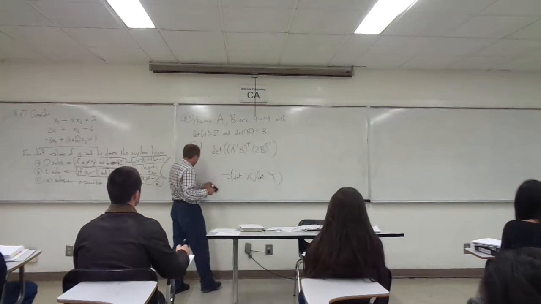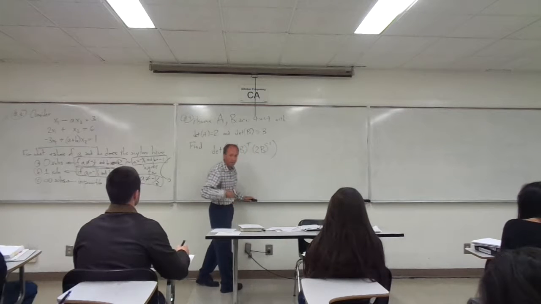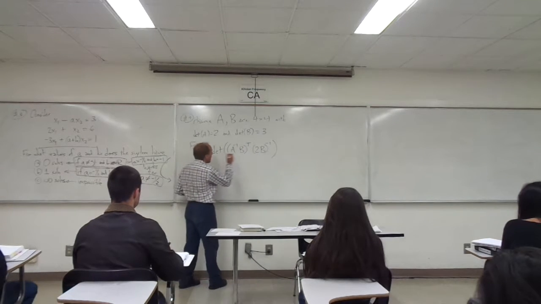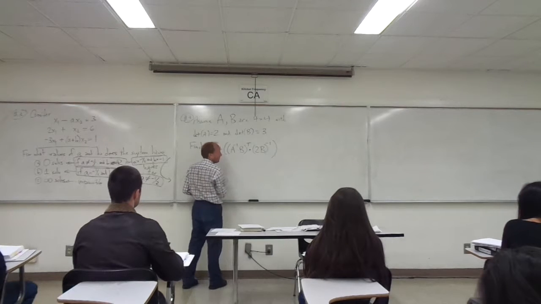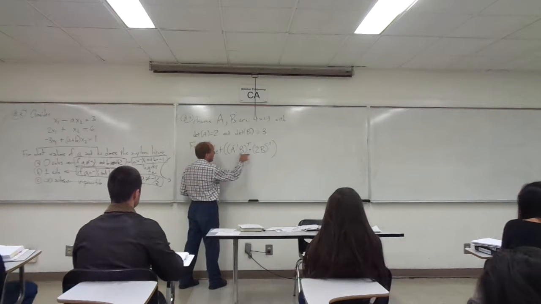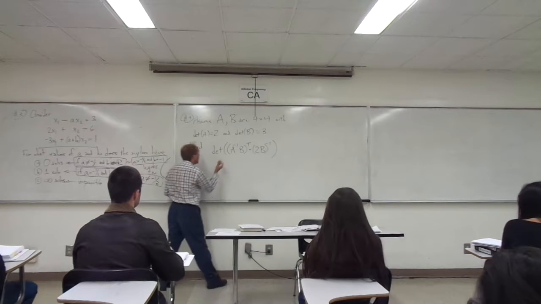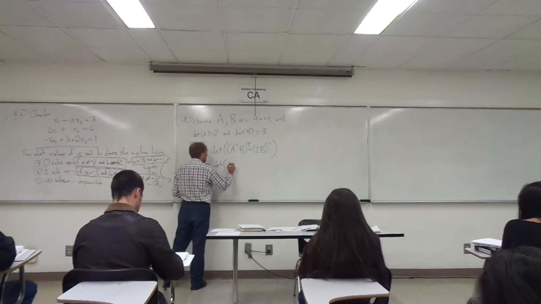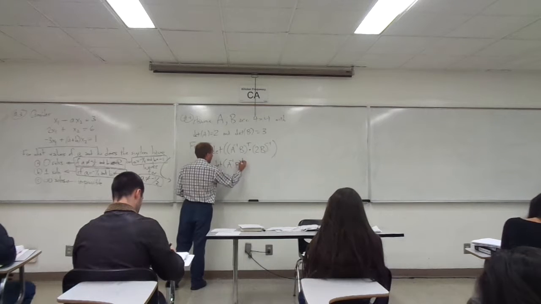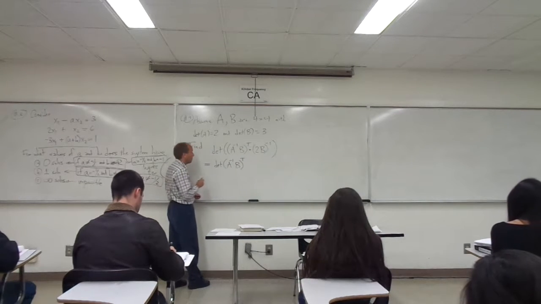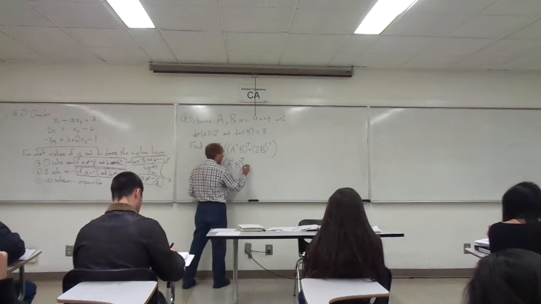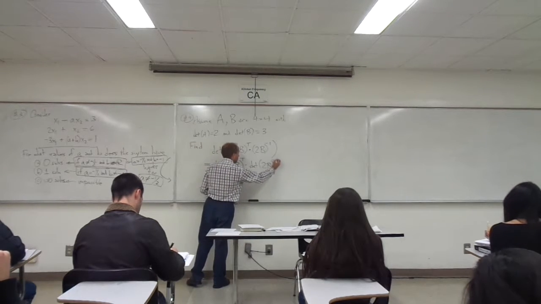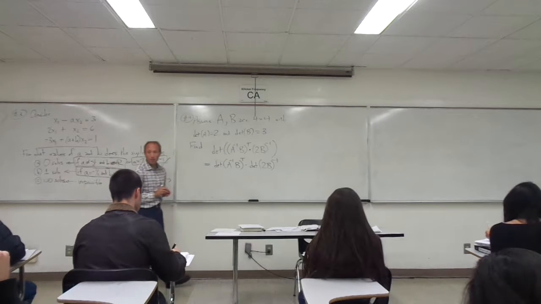So maybe that's enough to get us at least started on this, and then we'll see what else we need to think about. You see we have a multiplication right here. In the middle, we have this whole thing times this whole thing. So according to the property that we just wrote down, what we can do here is find the determinant of the first one, which is A inverse B transpose, and multiply it by the determinant of the second one, which is 2B inverse.